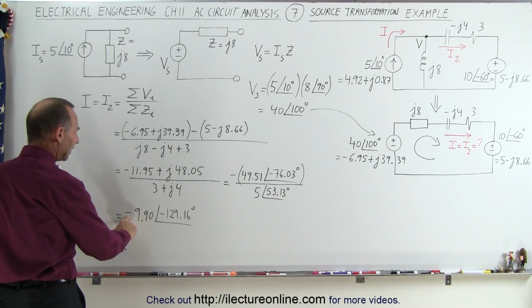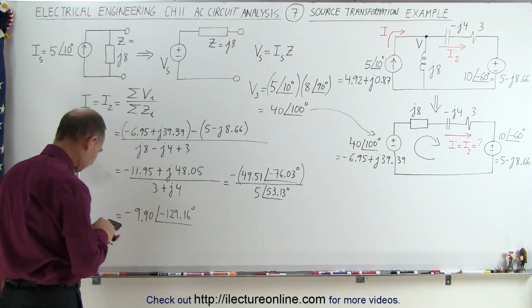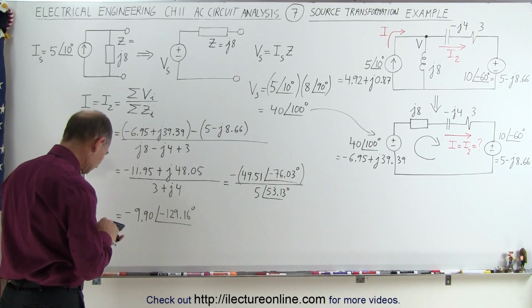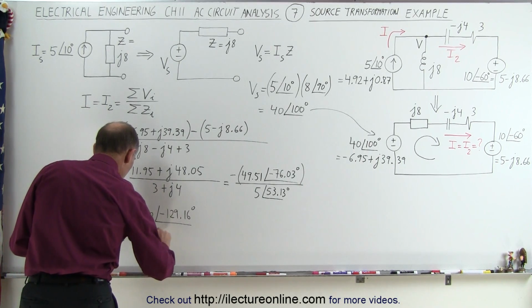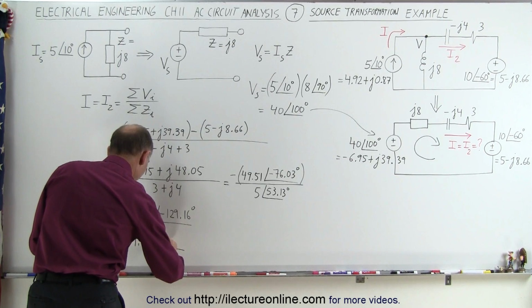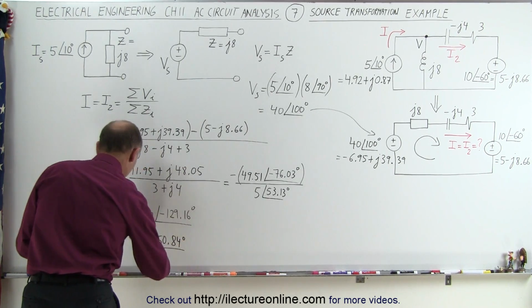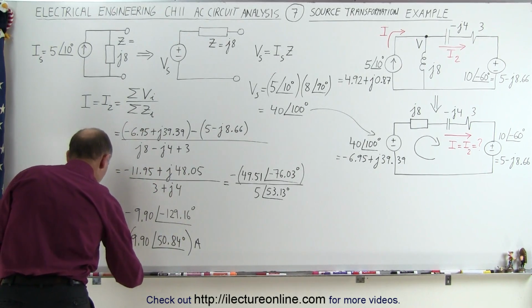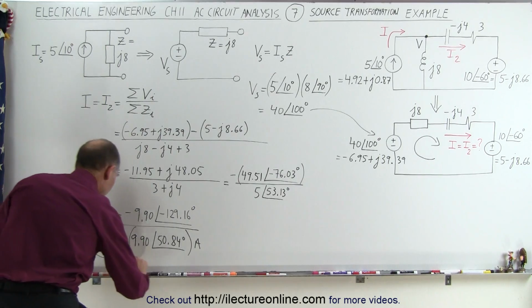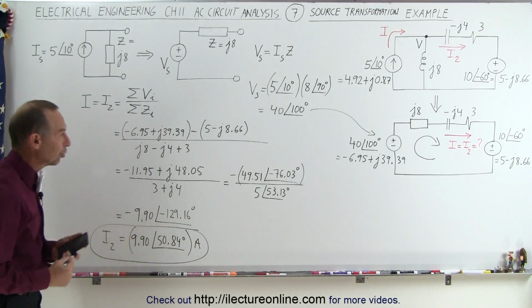And now to get rid of this negative, we add 180 to that. And so this is equal to 9.90 with a phase angle of 50.84 degrees. Of course, that's in terms of amps, and that will be the current that we're looking for in the original circuit, which we called I2.